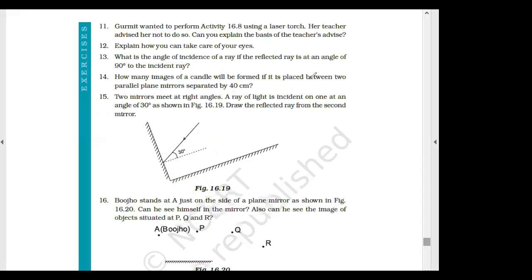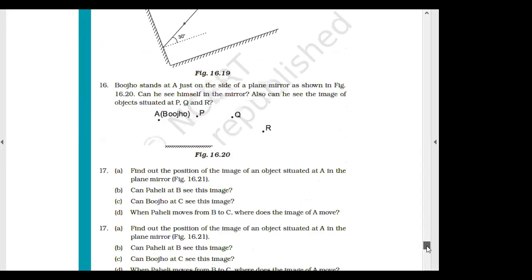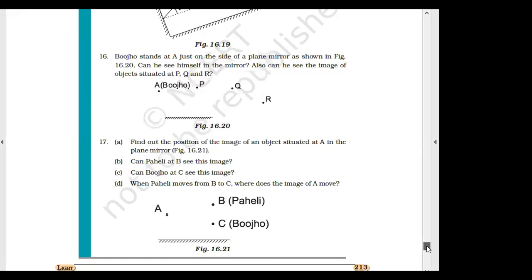Okay, very good, everyone. Now, 16th one. Bujo stands at A on the side of a plane mirror as shown in this figure. Can he see himself in the mirror? So he is standing over here.